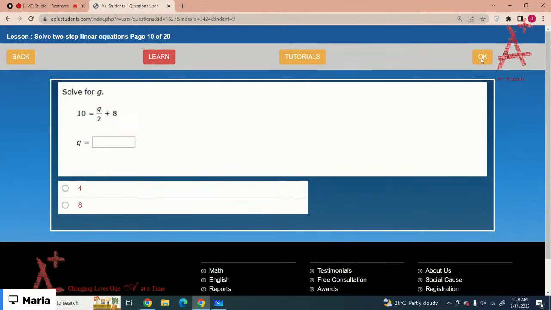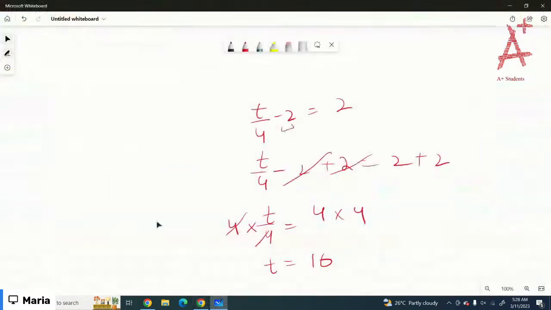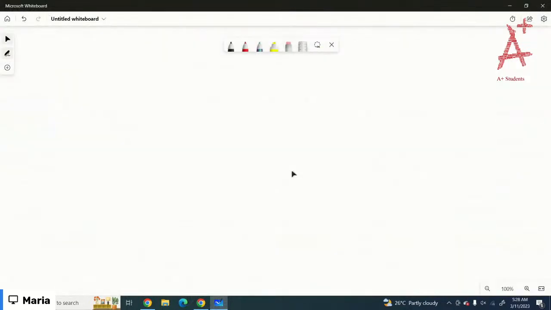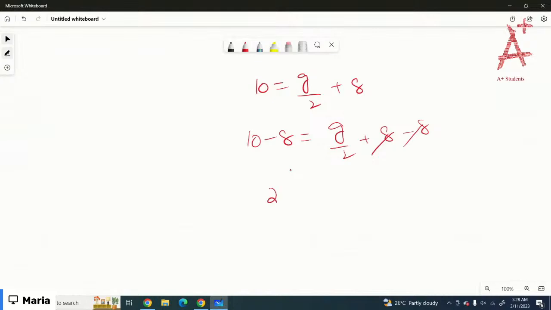Solve for g. 10 equals g over 2 plus 8. So you have to remove 8 from here. So you have to subtract 8 from both sides. So it would be 10 minus 8 equals g over 2 plus 8 minus 8. So 8 minus 8 is 0. So 10 minus 8 is 2. 2 equals g over 2. Got it?